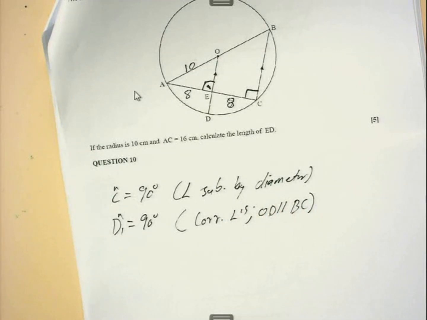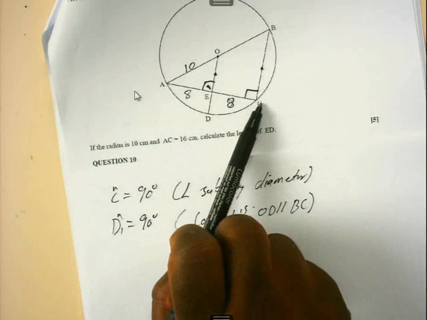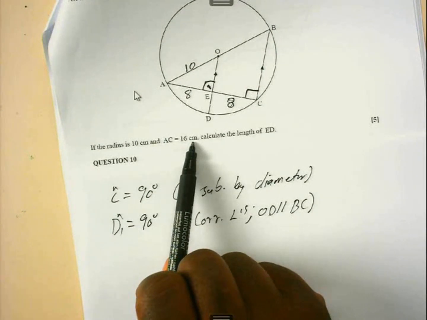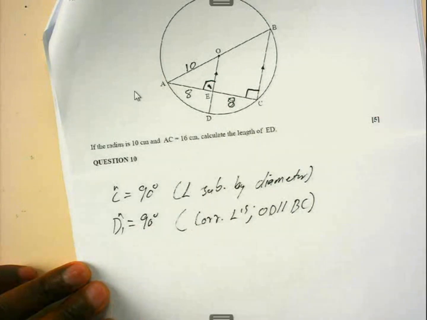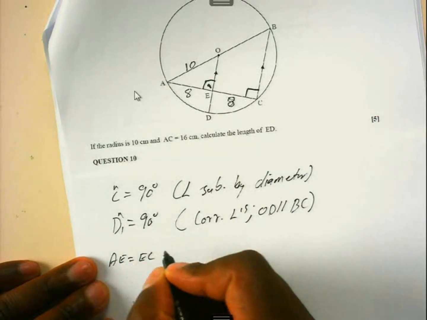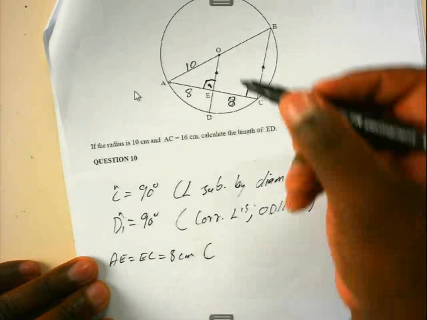Now, remember what is given. We are given that AC is 16 centimeters. So we need to provide the reason why we say AE is equal to EC. We say AE is equal to EC and each is equal to 8 centimeters. Why?